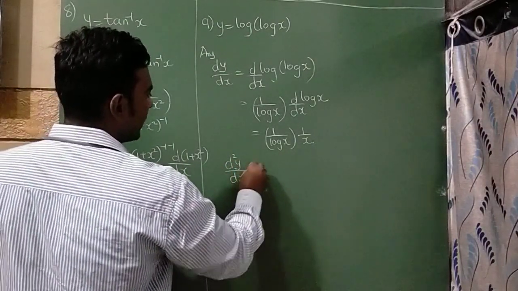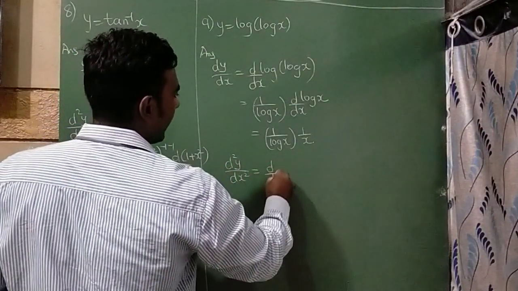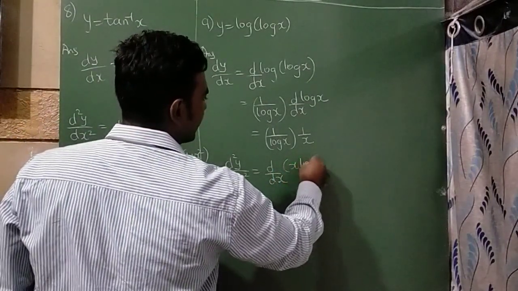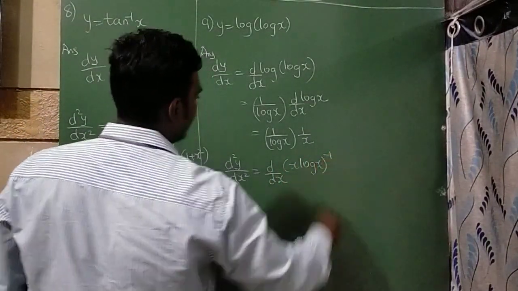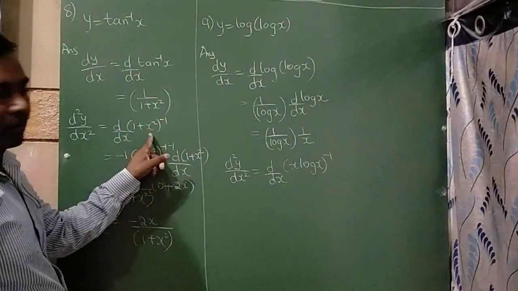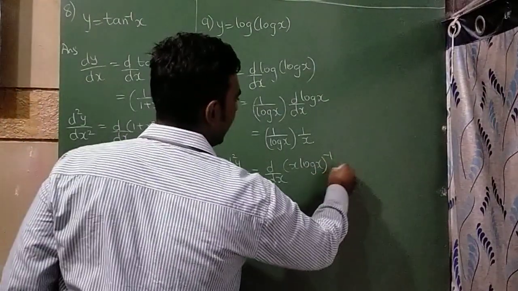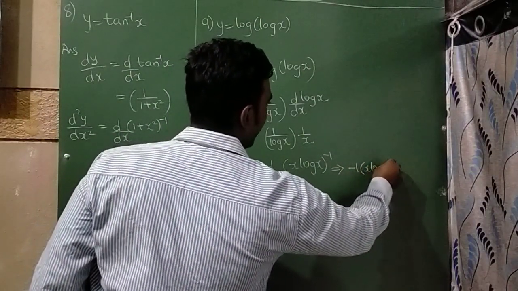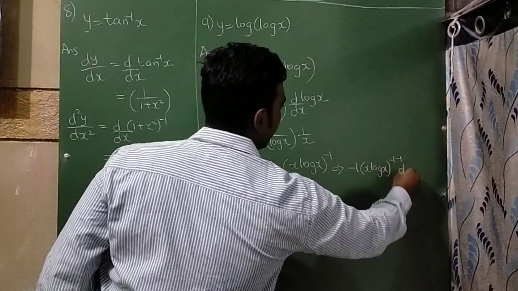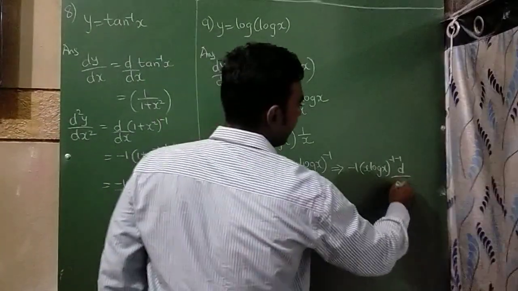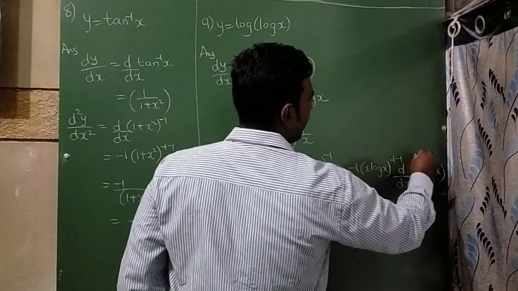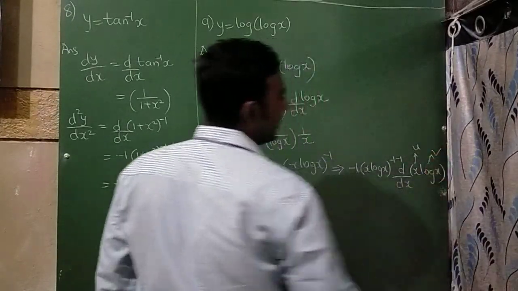So d by dx of x log x to the power minus 1, same like here. So what will be the formula? It will become minus 1 into x log x to the power minus 1 minus 1, and d by dx of x log x. So this will become u and this will become v.